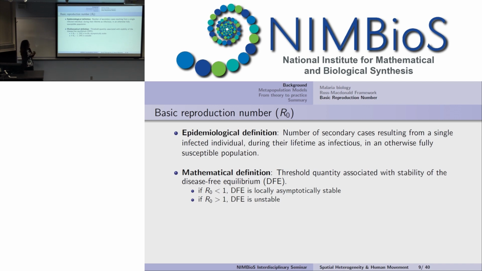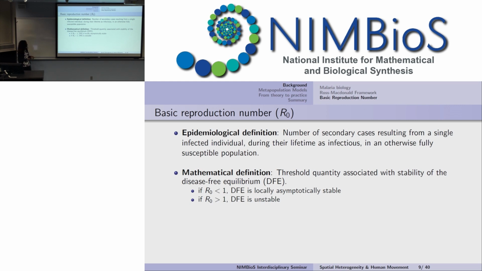The idea is that if we take one infected person and introduce them into the population, and the reproduction number R naught is equal to 2, let's say, then that person will on average infect 2 more people. Those 2 individuals will go on to infect on average 2 more, and so on. So the infection should spread if the reproduction number is bigger than 1, and it should die out if it's less than 1.